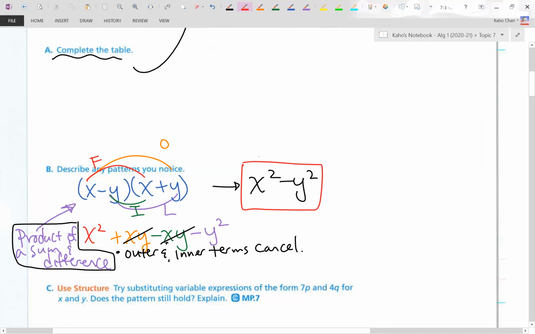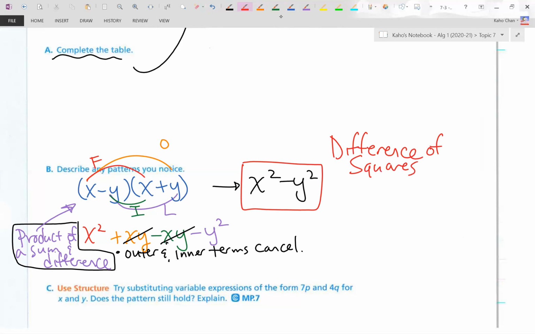This is called the difference of perfect squares. You guys see the difference, meaning that there is a minus sign. See the minus sign right there? And each of the terms is square rootable.